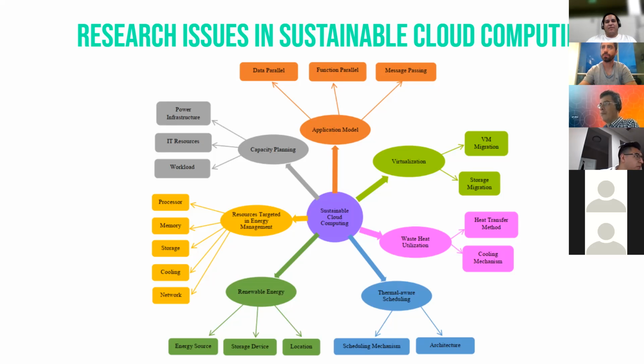Another aspect is the resource, the yellow one, the mustard one: resources targeted in energy management. The main solutions do not take into account all the devices that consume energy in the system.